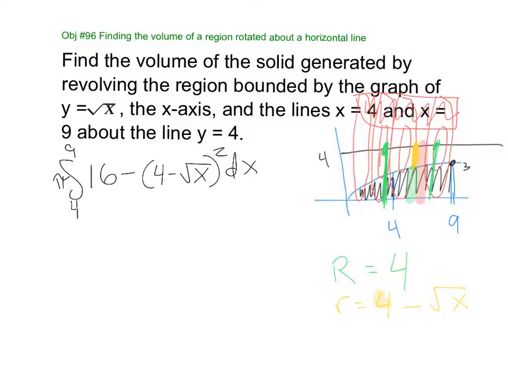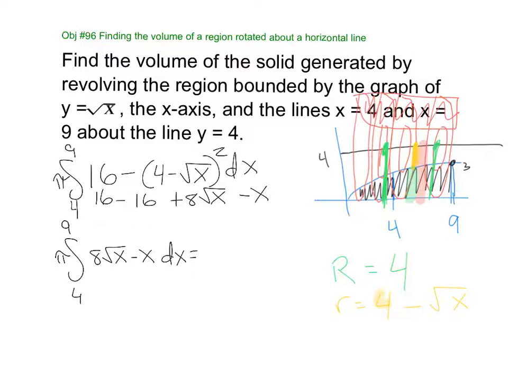I actually did do this problem out because I was like, oh, I can do this problem. I multiplied the inside out. I got 16 minus 16 plus 8 root x minus x. So I ended up getting the integral from 4 to 9 of 8 root x minus x dx.